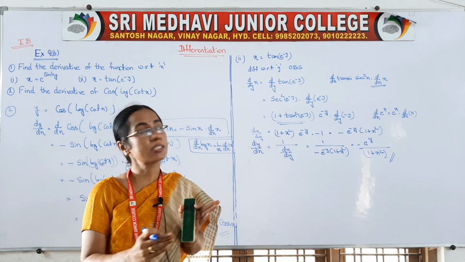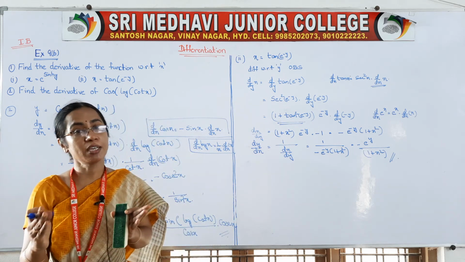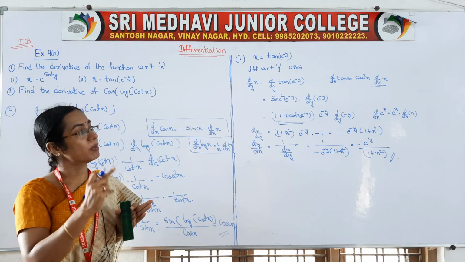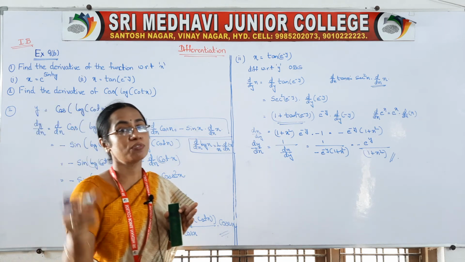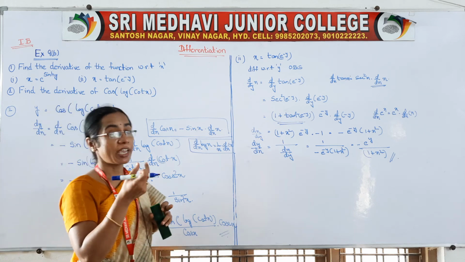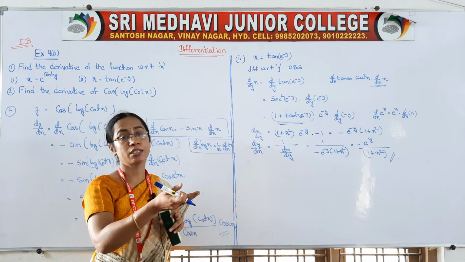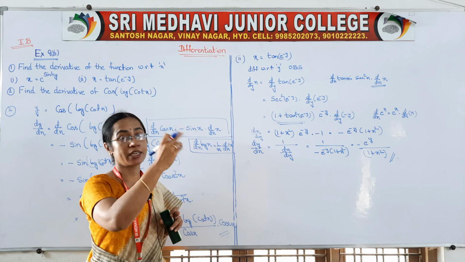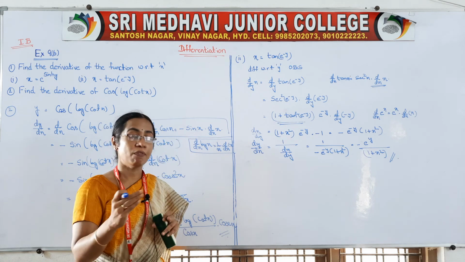In the list, d by dx of x is 1, that's why I have not given d by dx of x in the list of the formulae, but you have to consider it. So instead of x, suppose we are having any other variable, there we have to take d by dx of that variable value.